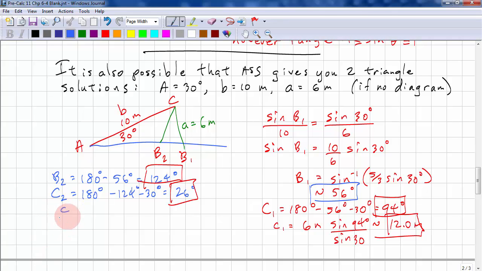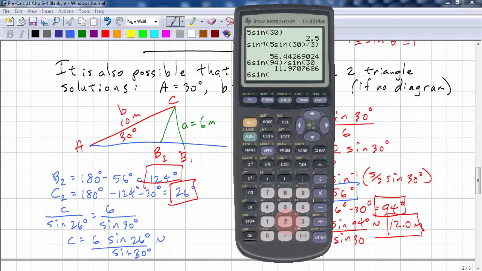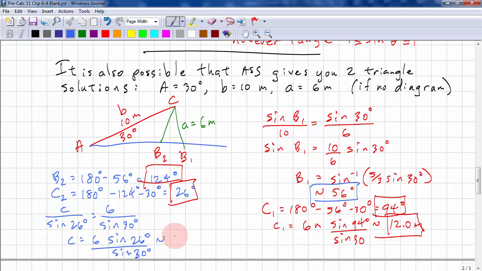So little c over sine 26 equals 6 meters over sine 30 degrees. So little c equals 6 sine 26 over sine 30, which is approximately 5.3 meters. And that completes that triangle.